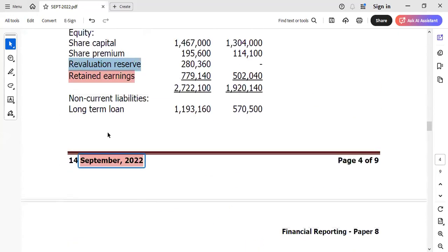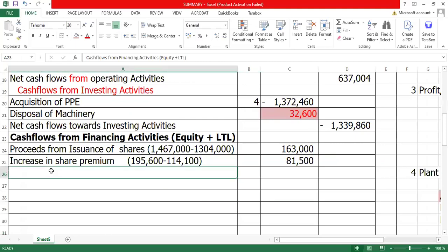So for non-current liabilities, you have the long-term loan. If the liability increases, because initially it was this and now it's this, is it cash inflow or cash outflow? Here you have an increase in long-term loan. Inflow or outflow? Inflow.